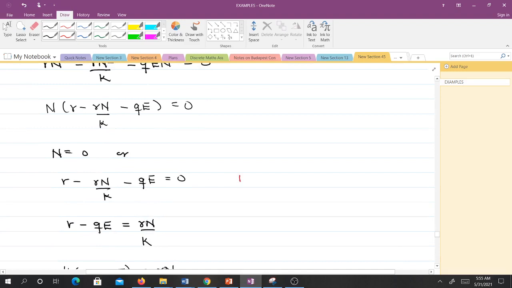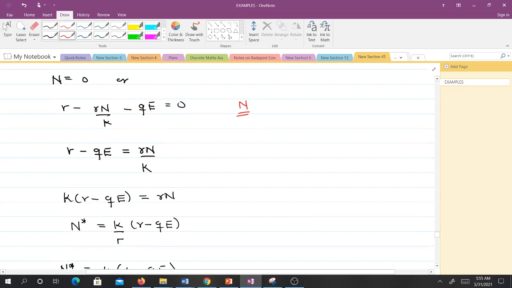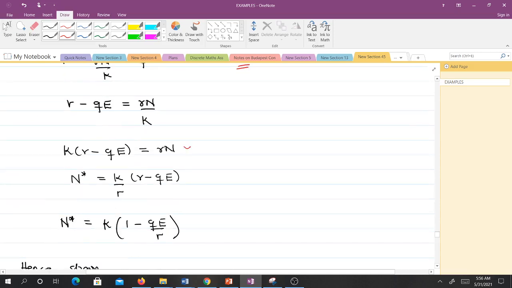So we seek to make N the subject here. By sending rN over K to the right hand side, we have r minus QE will be equal to rN over K. We multiply through by K to get this, and we divide through by r to get this.